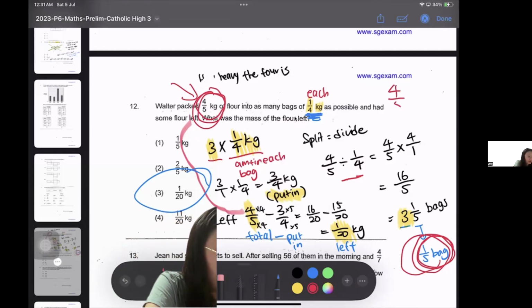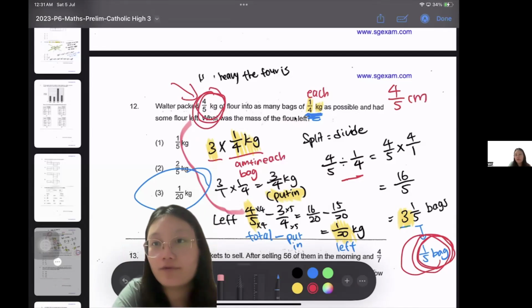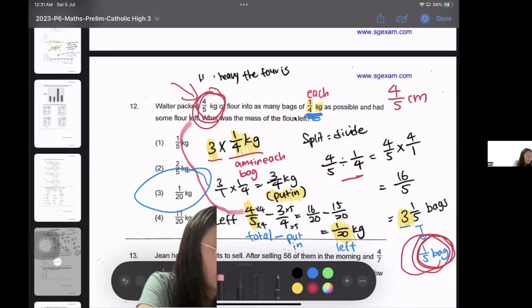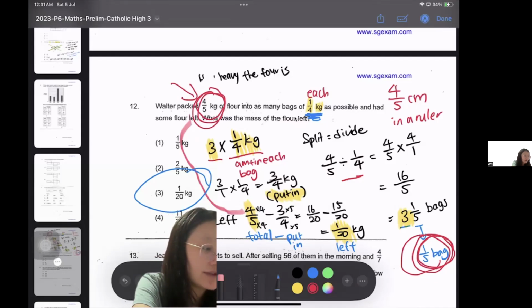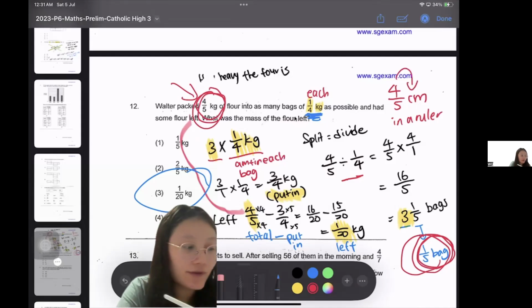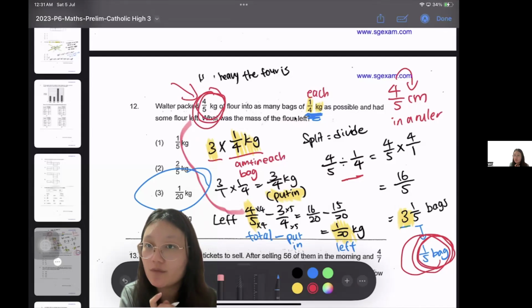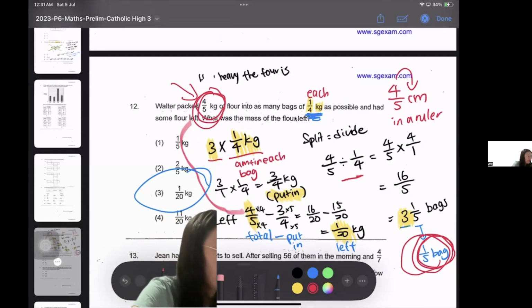For example, 4/5 cm is not 4/5 of a ruler. This is 4/5 of 1 cm. So it is a measurement that is much less than 1 cm, but it is not a fraction of the ruler. I hope you get what I mean.